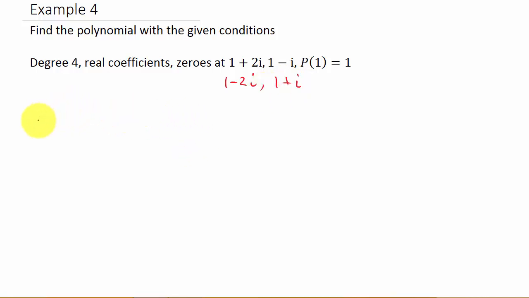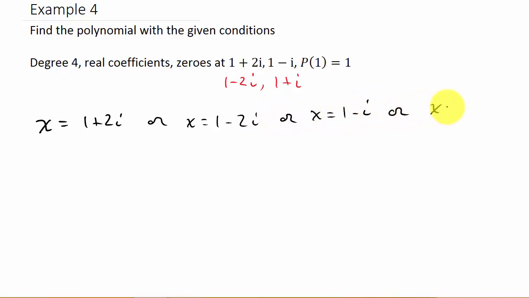So what do we have? We have x equals 1 plus 2i, or x equals 1 minus 2i, or x equals 1 minus i, or x equals 1 plus i. Now we need to move each of these over.